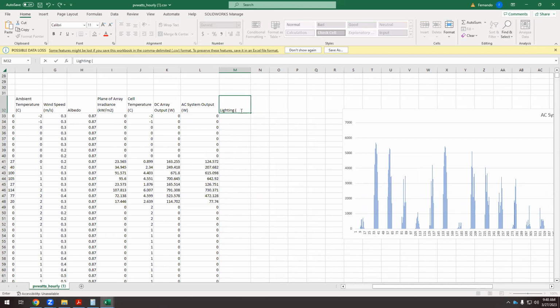In kilowatt hours, right? And heating or HVAC, let's say HVAC in kilowatt hours.